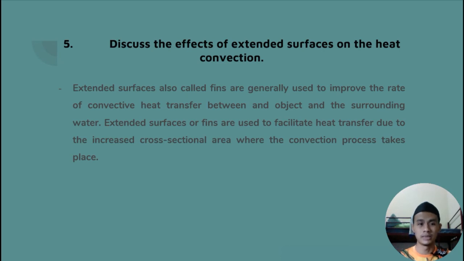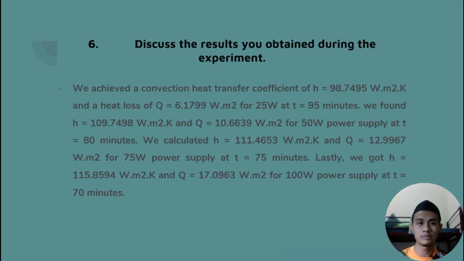For our experiment 1, we achieved a convection heat transfer coefficient of H equal to 98.75 watt per meter squared per K, and a heat loss of Q equal to 6.18 watt per meter squared for 25 watt at time equal to 95 minutes.